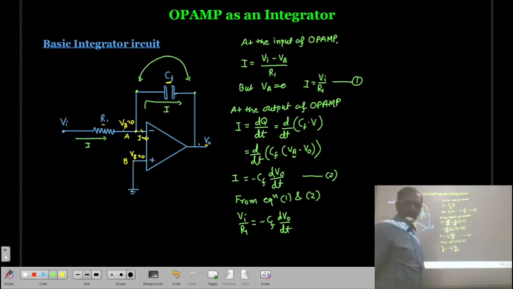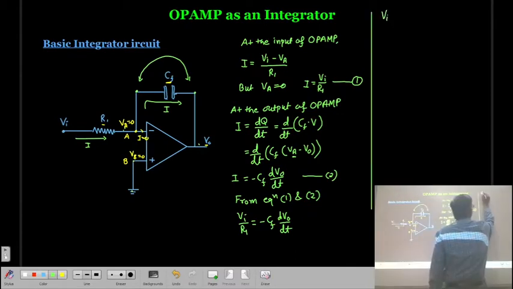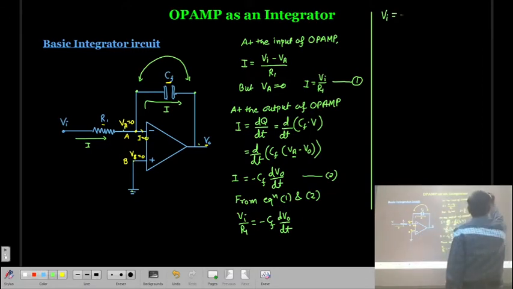Now we can rearrange the terms. By rearranging these terms, we can write VI is equal to minus R1 CF into dVO by dt.